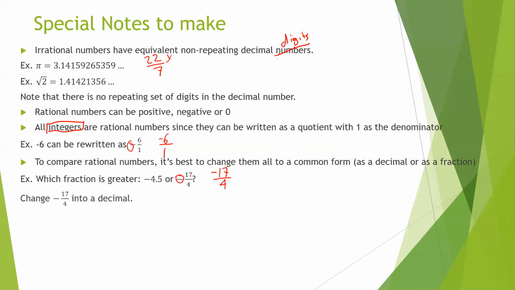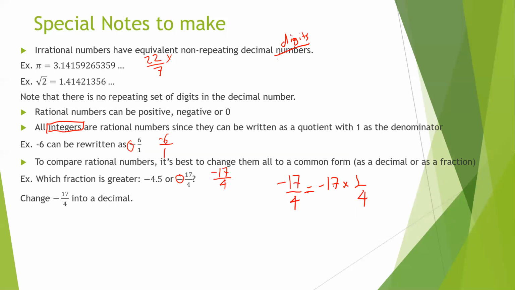So my first step is to switch the -17/4 into a decimal. To do that, we are simply going to take apart our fraction here. So -17/4, if I break it down, I can rewrite this as the product of -17 times 1/4, right?